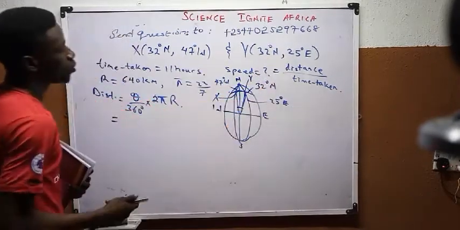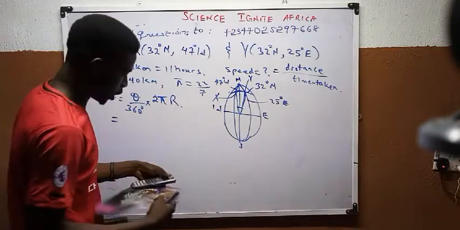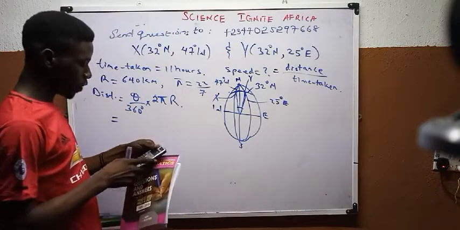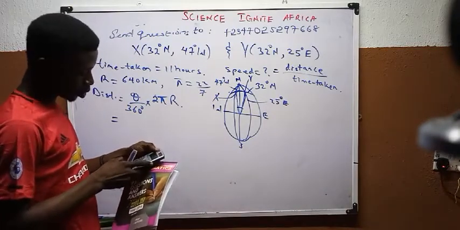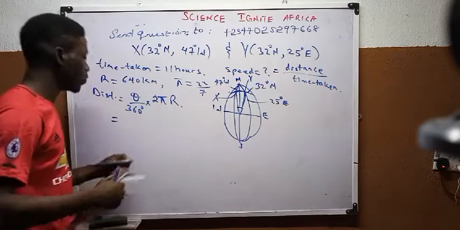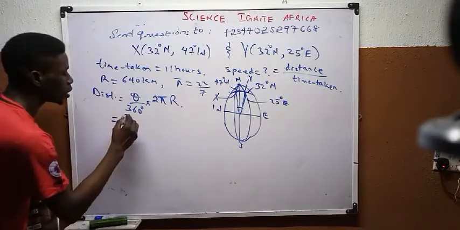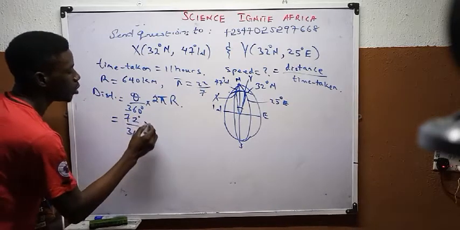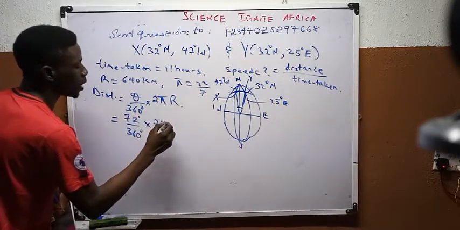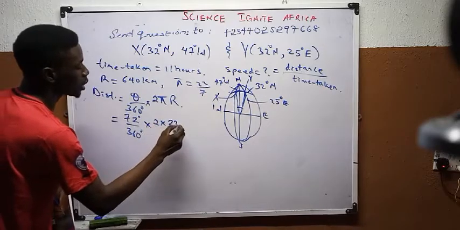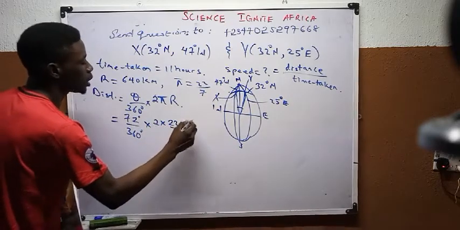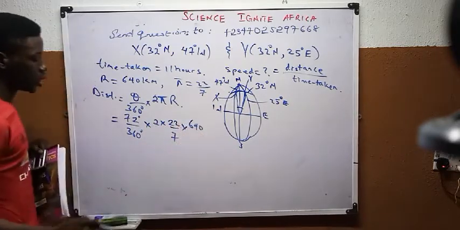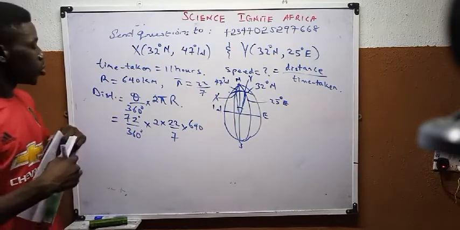If you add 47 and 25, what do we have? That should be 72. So let's confirm that. 47 plus 25, that's 72. So we have 72 all over 360 degrees multiplied by 2 multiplied by pi, which has been given as 22 over 7, multiplied by 640 kilometers.